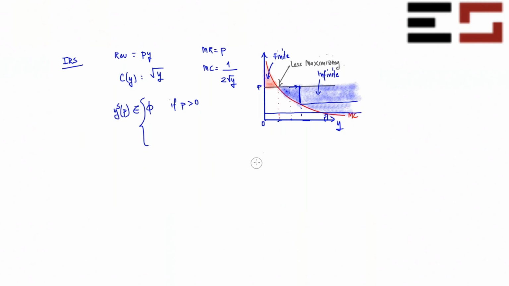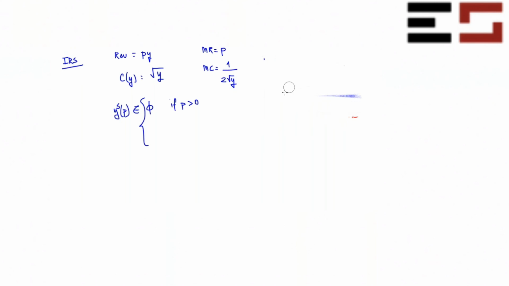Now what about if P is 0? Let me draw again. Exactly, 0 supply. Now you can see that you'll never be able to find an intersection.